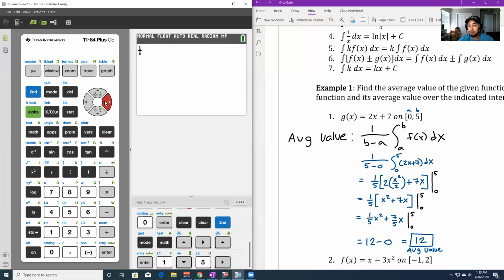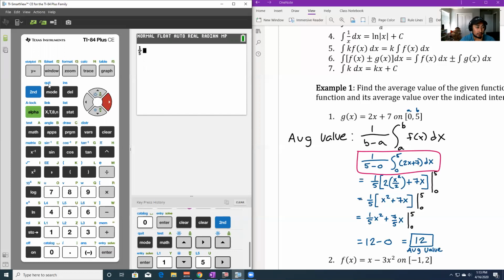If you look on the right side of your screen, I am typing in this part. That's what I'm typing in the calculator.